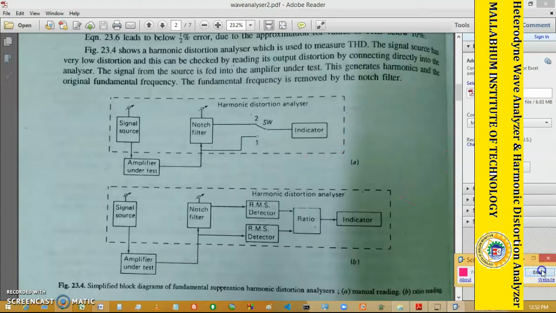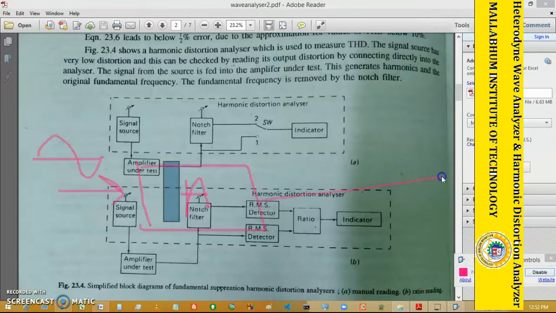So I am again repeating. Suppose this is your amplifier. We are giving a sine wave like that, and after the amplifier, this sine wave is composed of the fundamental plus other frequency components, that is the harmonics.